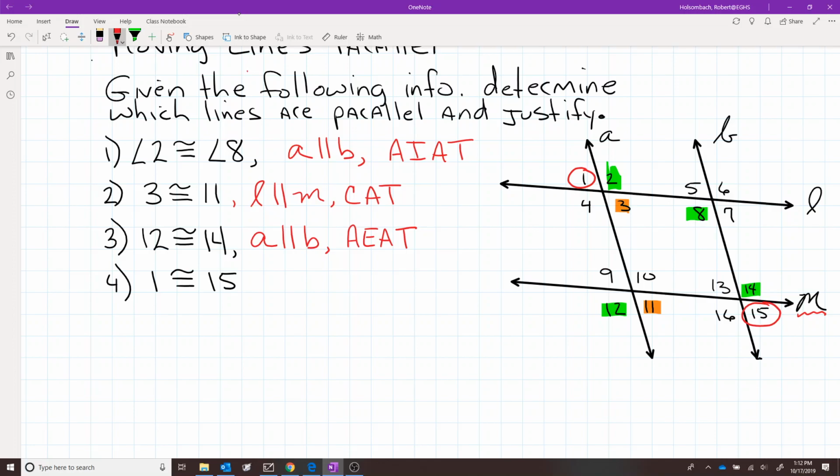Now, those two angles are not related to the same line. Angle 1 is related to either line A or line L, and angle 15 is related to line B or line M. And since they're not related to the same line, then you can't prove that any lines in this case are parallel. So this is just a none.